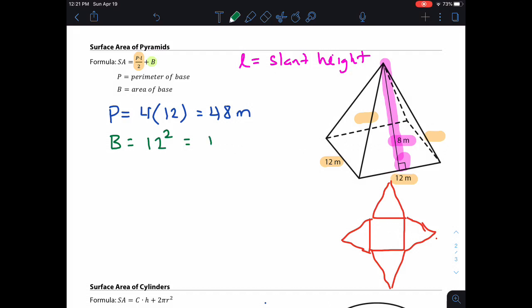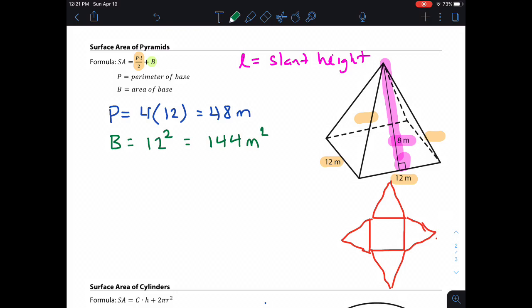So we have 144. In this case, it's area, so it's meters squared.